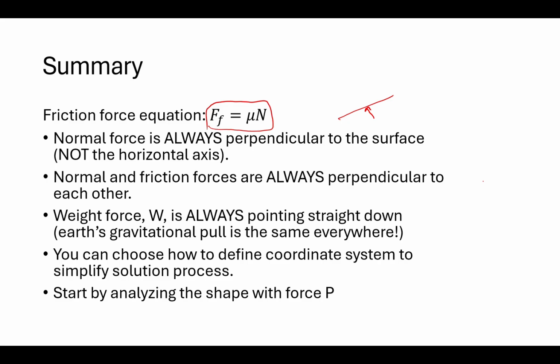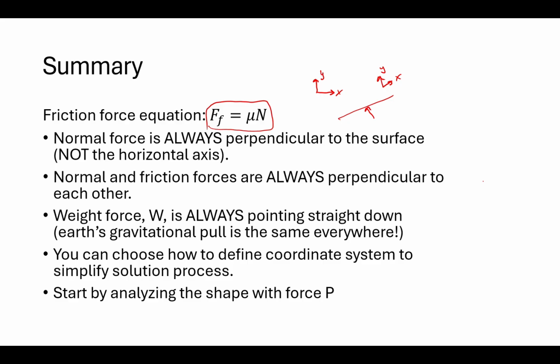And you can also always choose how to define your coordinate system to simplify your solution process, depending on the given problem. So you can draw it this way, like we did with the first problem, or you can just draw the regular one. But either way, whichever one you choose, just always keep the angles in mind and always make sure that you're shifting everything correctly.